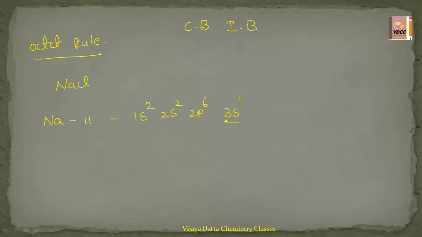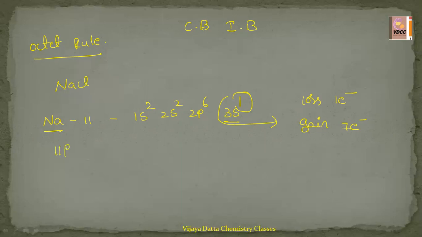Sodium will be stable when its outermost shell has 8 electrons. But in the outermost shell, it has only 1 electron. It is not stable. So there are 2 possibilities: either it loses this 1 electron, or gains 7 electrons. Which one is easier, students? Losing this 1 electron is easier.